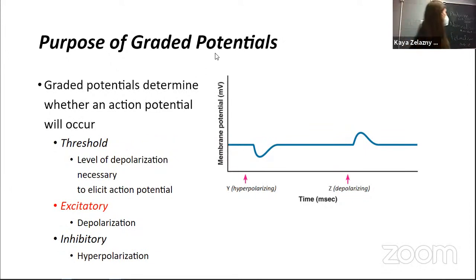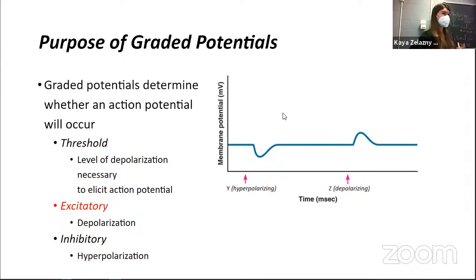A common way to refer to neurons in general and their effects, and therefore also to stimuli and their effects, is using the terms excitatory and inhibitory. These do pretty much correspond to depolarization and hyperpolarization.